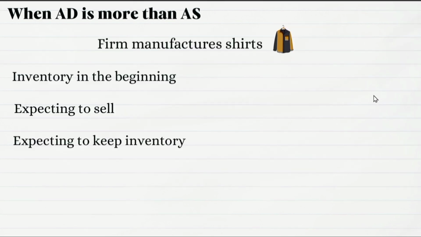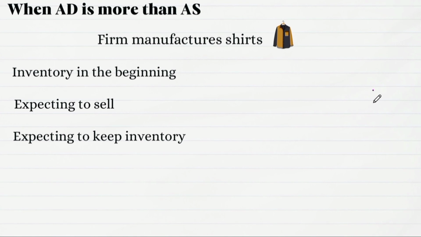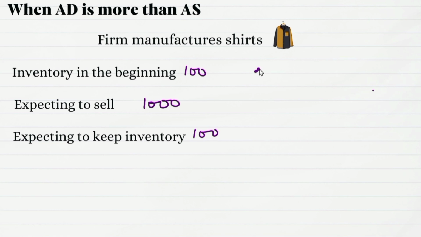To understand this better, let's go through this example. Suppose there is a firm which manufactures shirts and it starts the year with an inventory of 100 shirts. They are expecting to sell 1000 shirts and want to keep an inventory of 100 shirts. But there is excess demand in the market. As a result, the sales have been 1050.